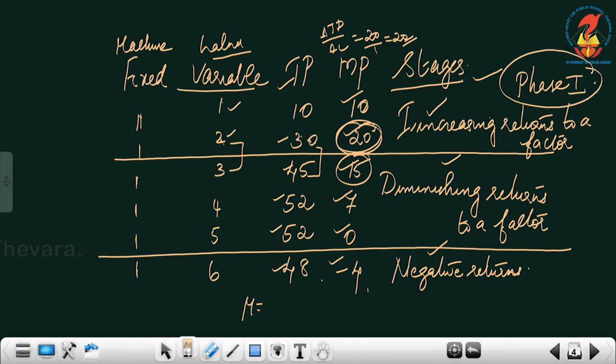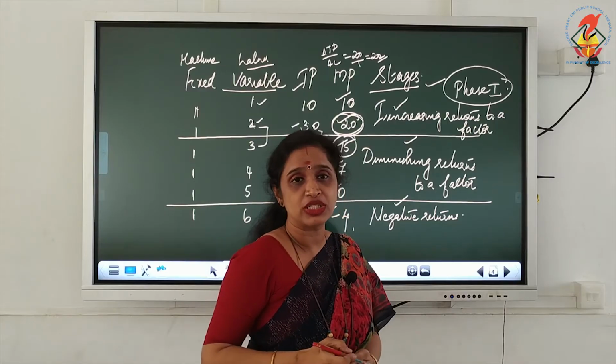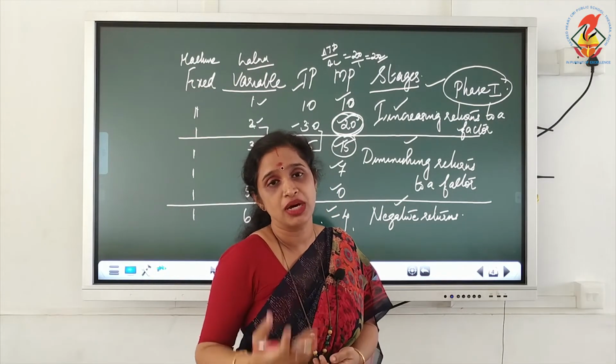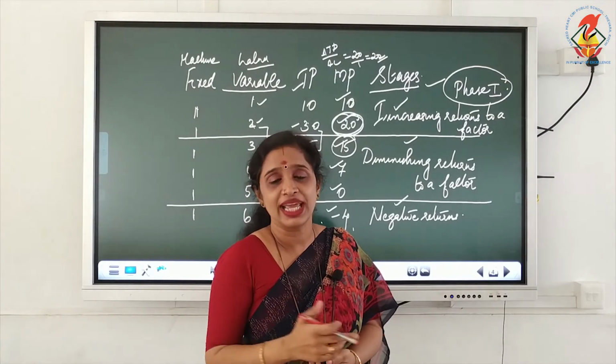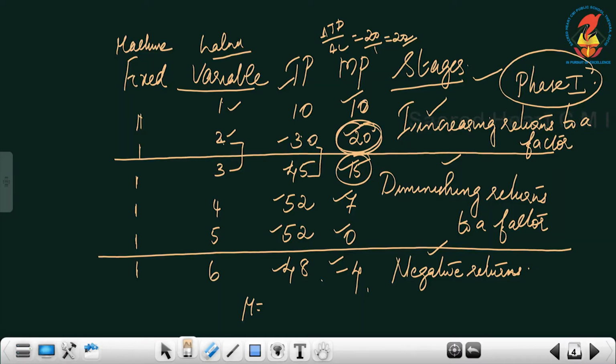This is phase 1, and I told you that when total productivity is showing a change, the marginal productivity will also follow the same path, isn't it? Because both are related to each other. Now, in the first phase, for the first and second variable input, labor, the marginal productivity is 10 and 20 and total productivity is 10 and 30. For the first two variable inputs, total productivity has increased from 10 to 30.